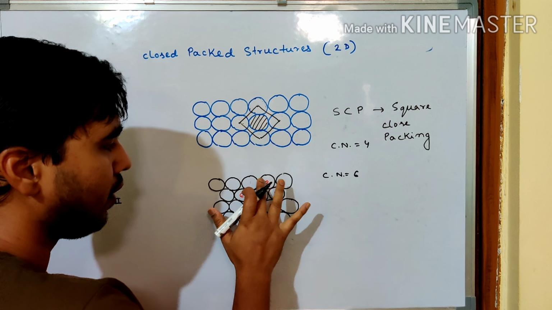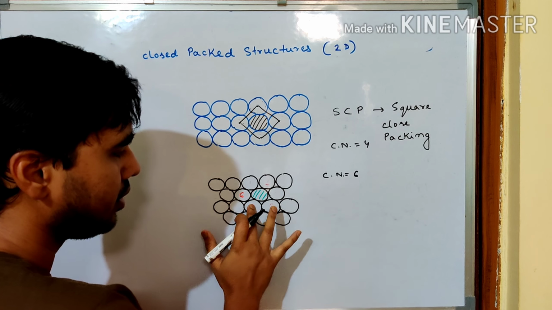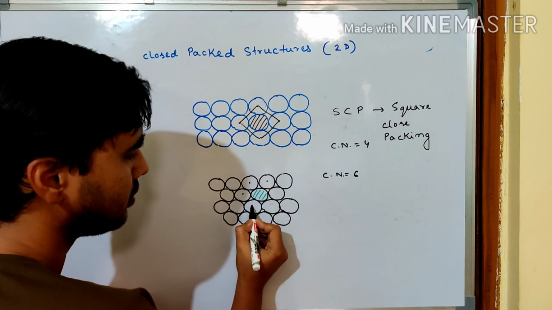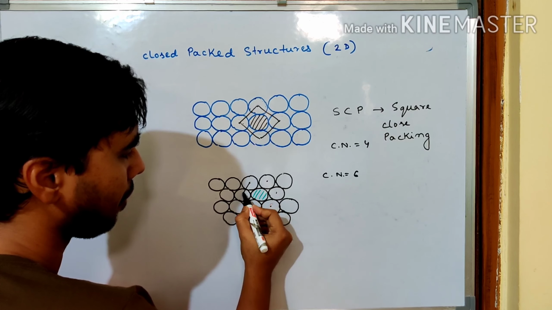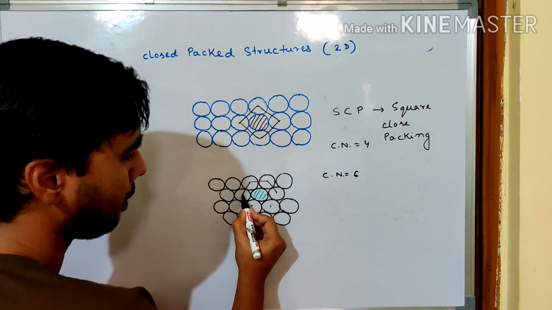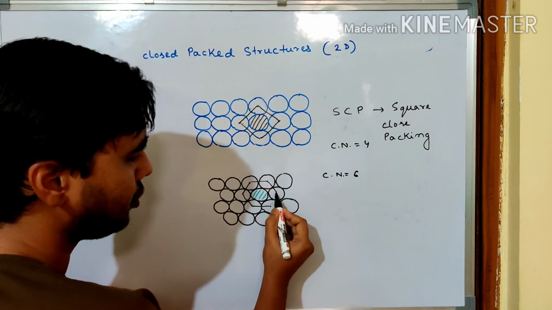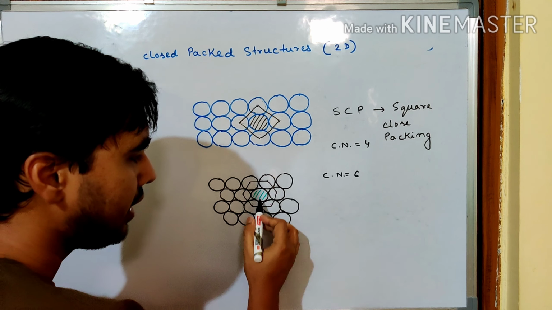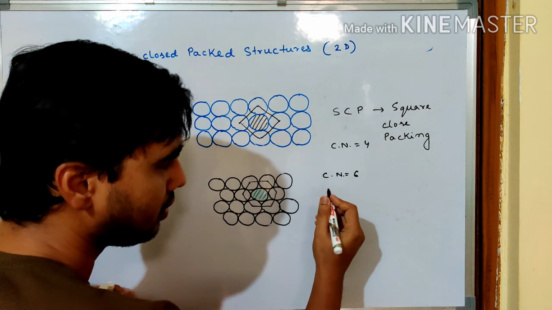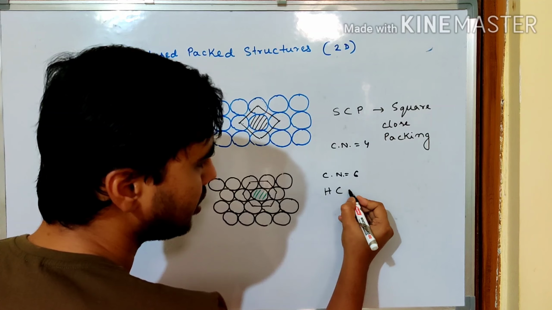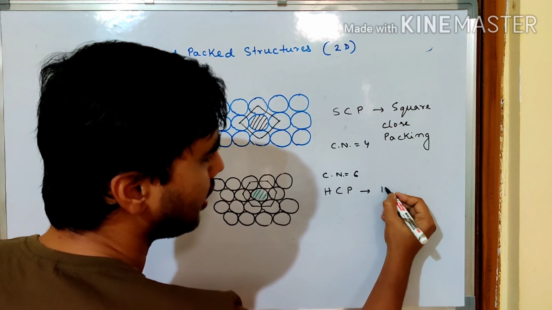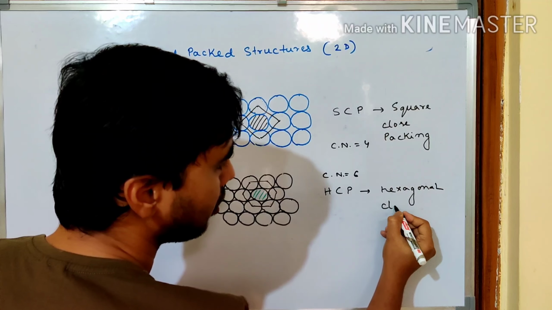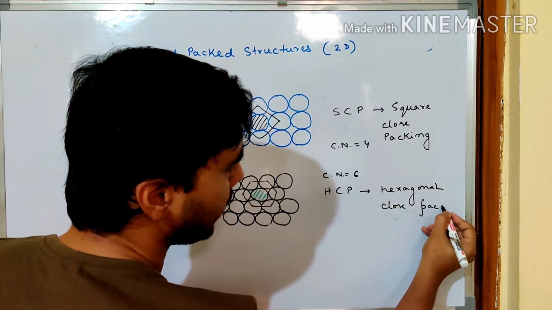Now if I connect the centers of these atoms, assumed to be spheres, in this case circles of course because it is 2 dimension, it appears to be a hexagon. So it is called HCP, or hexagonal close packing.